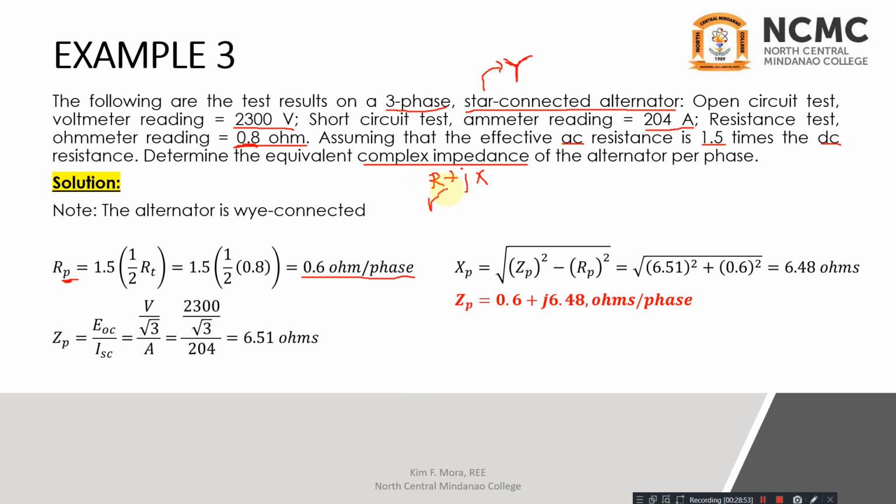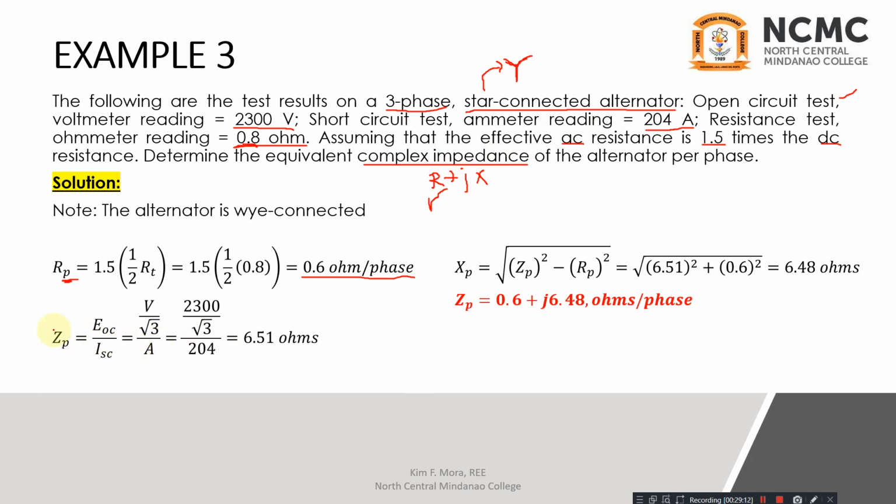Next, we now have R, so R is okay. What is left to get is X. Where do we get X? This is from that relationship, since we are given the open circuit test result and the short circuit test result. So we get Z, or the impedance.